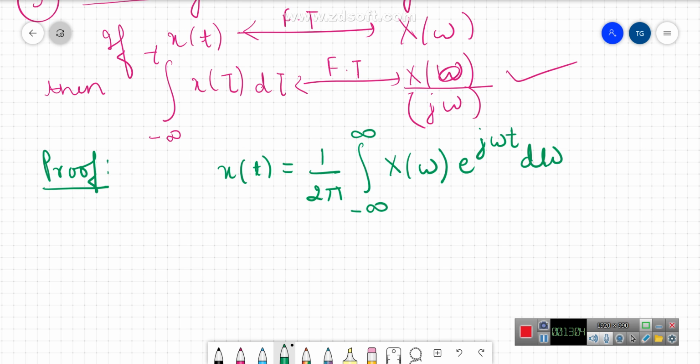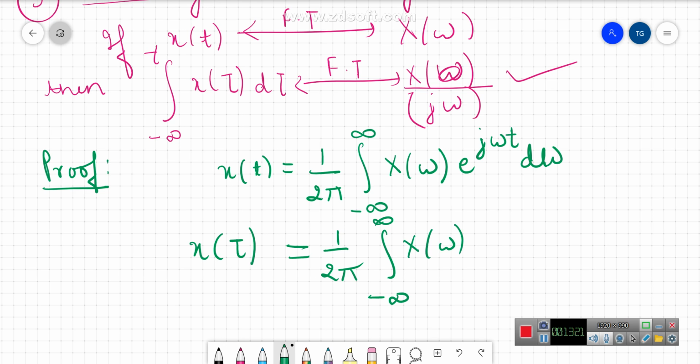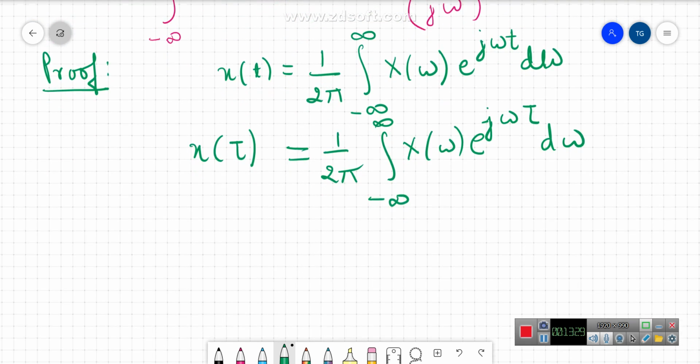Now we are replacing all our t variables with tau. So it will look like x of tau is equal to 1 by 2 pi integration from minus infinity to infinity of X of omega e to the power j omega tau d omega.